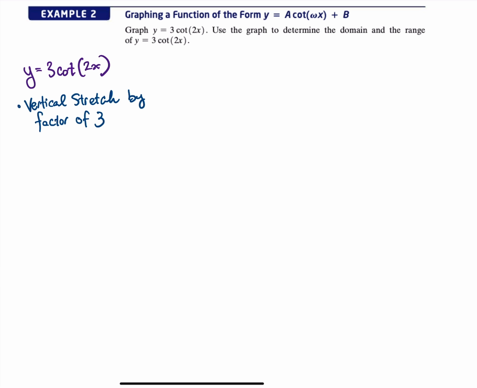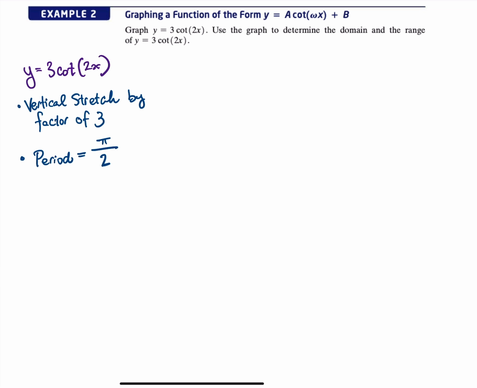So to find the new period, take the old period, which is pi, and divide it by this number. So it'll be pi over 2. So that will be the distance between our asymptotes. You can think of it that way.